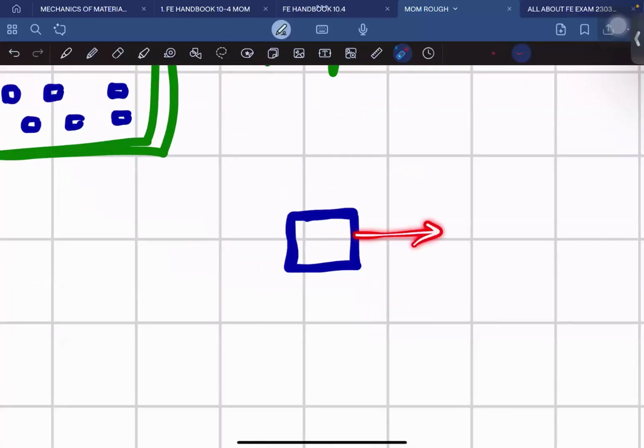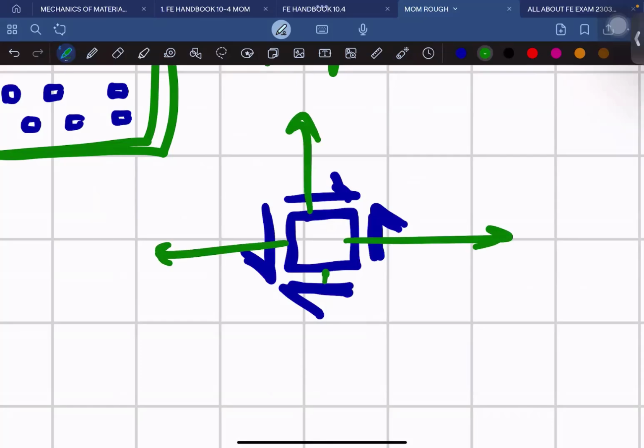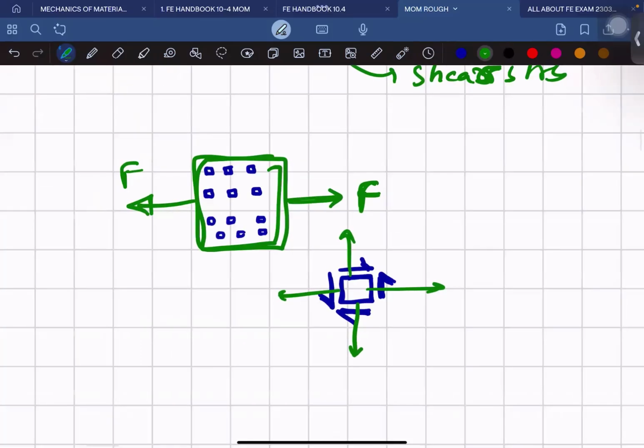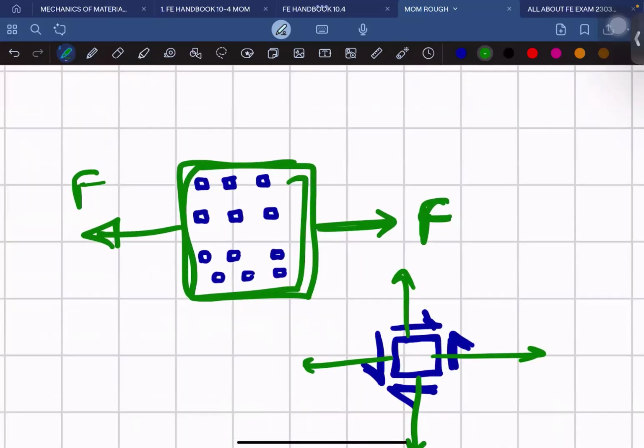The internal element might be undergoing shear stress also. Generally on the stress element, we represent the shear like this, parallel to the surfaces, and the normal stresses like this. So that is the case. We'll study this in upcoming subjects, especially in principal stresses.